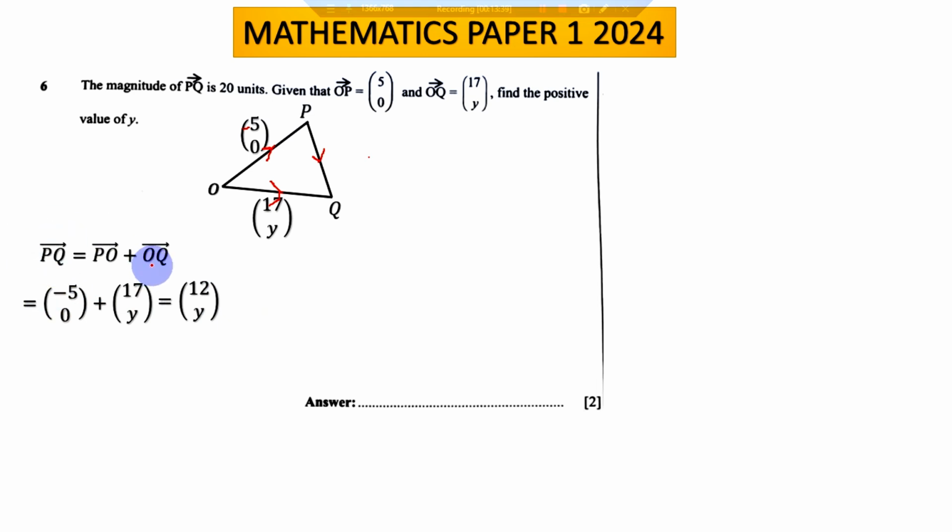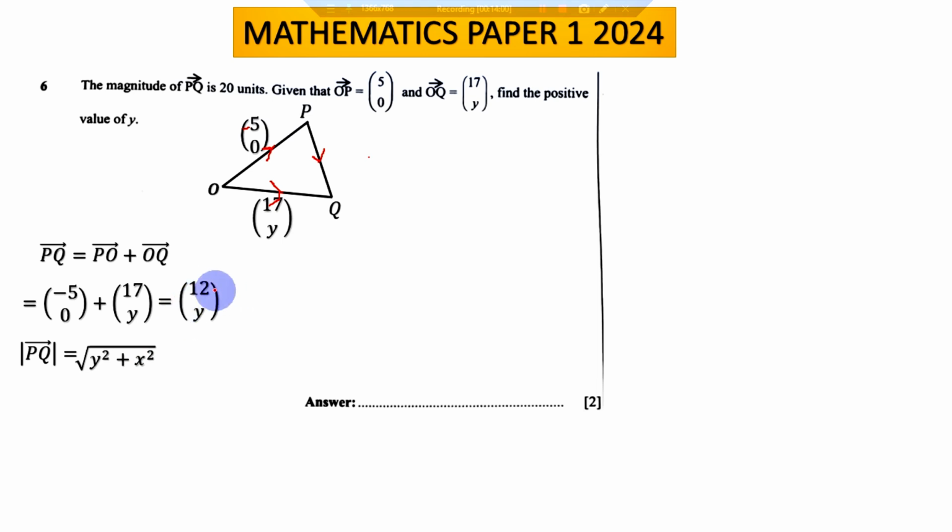Then we'll use the formula for magnitude of a line. Okay, going back to coordinate geometry. We use the formula for magnitude, where the magnitude of vector PQ will be equal to the square root of y squared plus x squared.